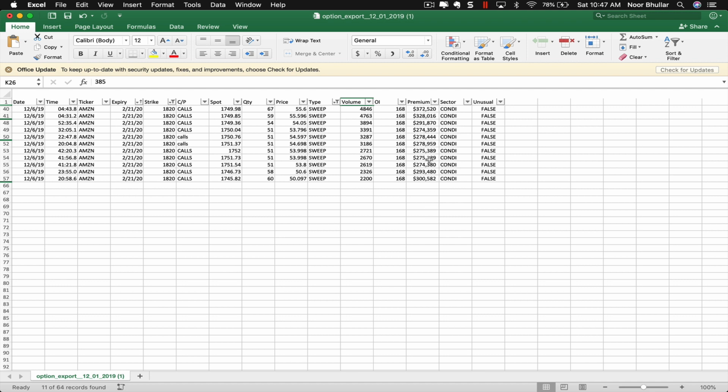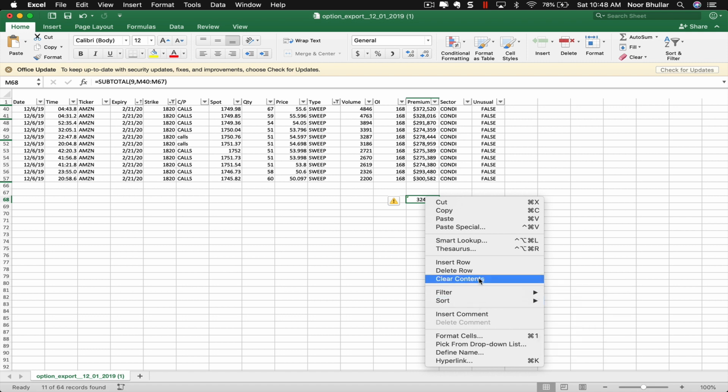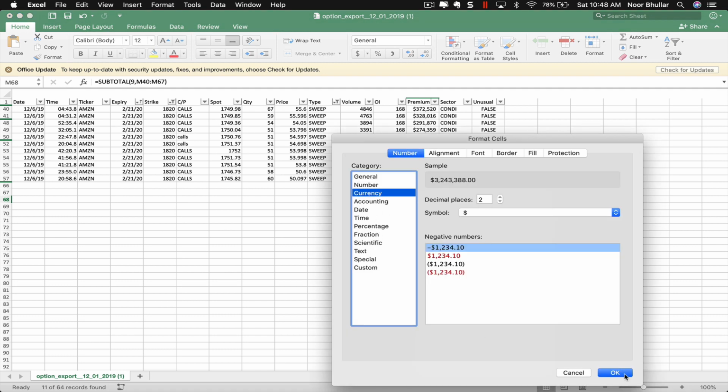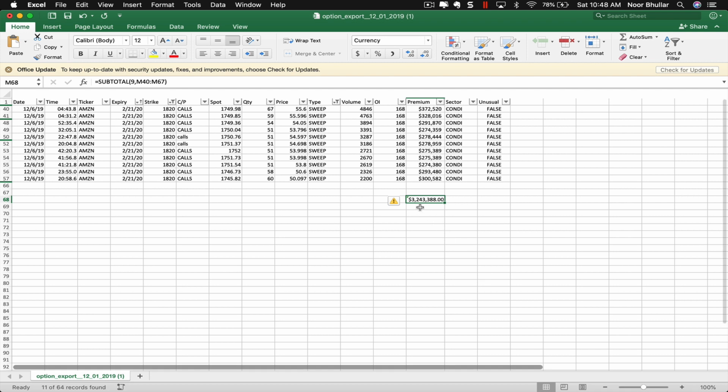So they obviously split the price up, but one of the things we can do is an auto sum, and we'll format this and turn this into currency, and say, okay, so they spent roughly $3.2 million on this trade. So that's pretty substantial.